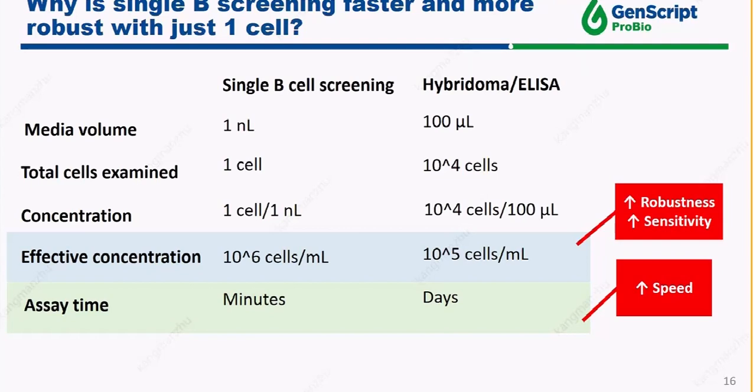So your concentration is 10 to the 4 cells per 100 microliters, or 10 to the 5 cells per ml. So the effective concentration is actually 10 times higher with single B cell screening, which means higher robustness and higher sensitivity. And since you don't have to wait for the cells to grow up to a certain density to assay, the assay speed is within minutes rather than days.